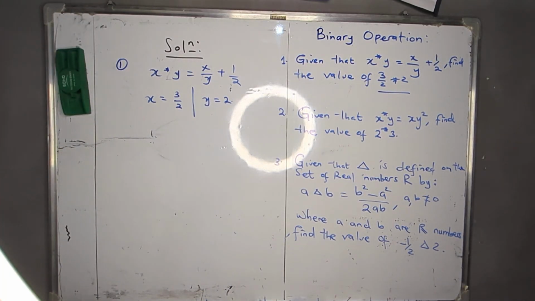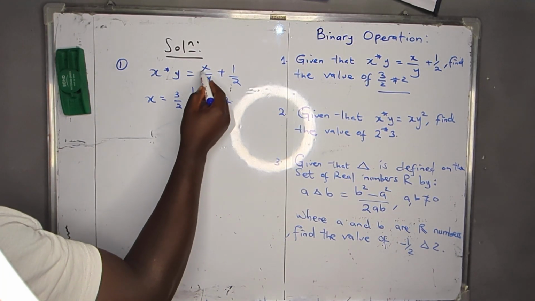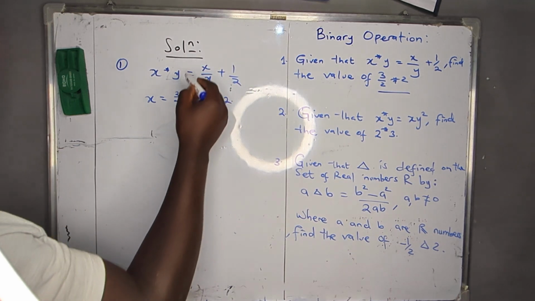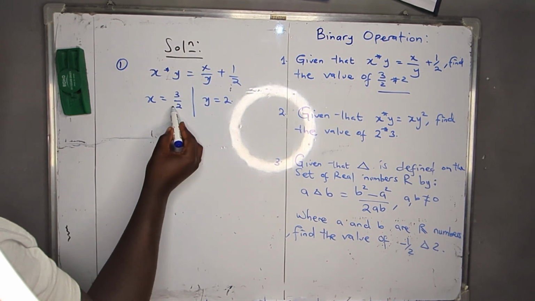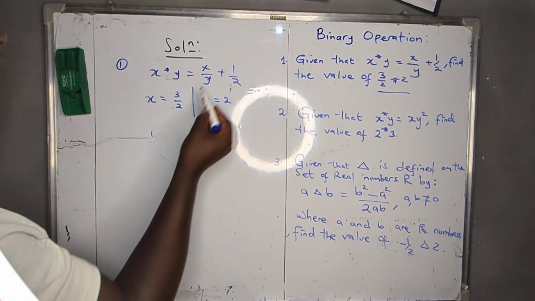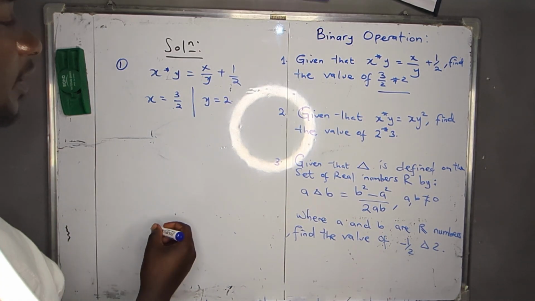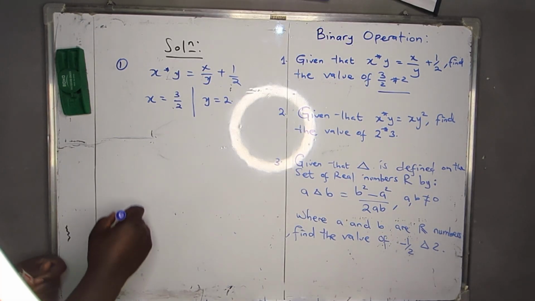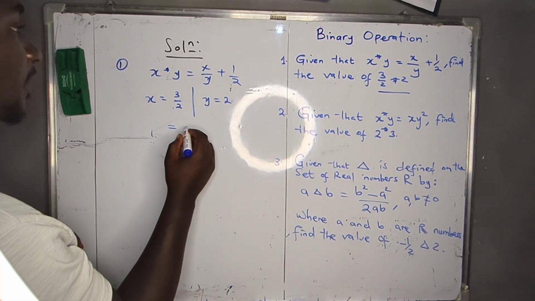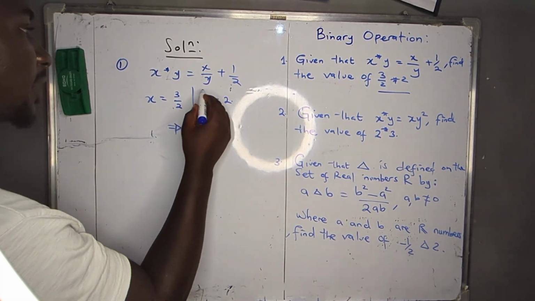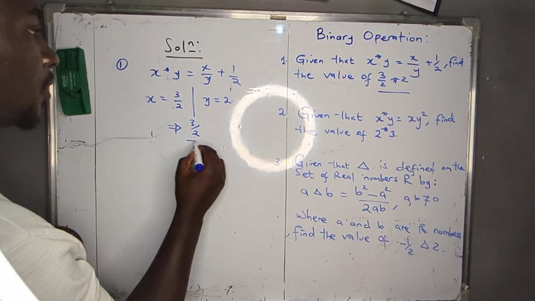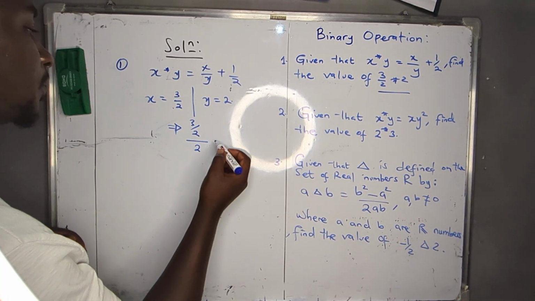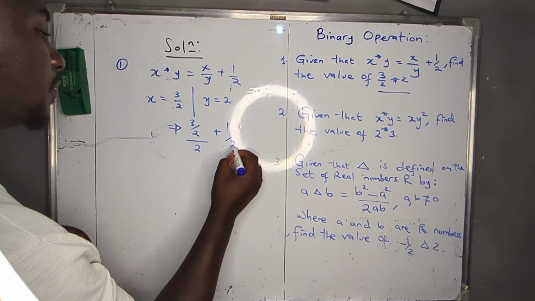So in this expression, in the place of x we put this number, and in the place of y we put this number, and you simplify and get your answer. So this is going to give us 3 over 2 over 2, plus 1 over 2.